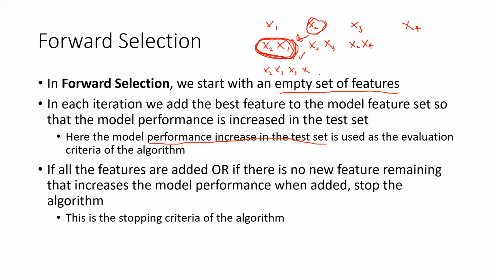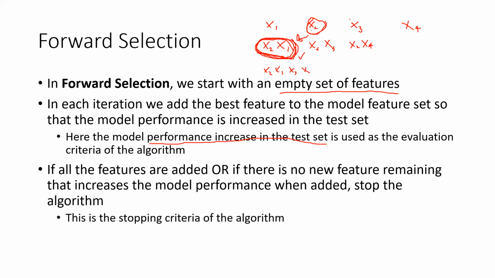But suppose that you are having something like x1 and x3 are actually the best couple of combination of features that would be working best for our problem, right?